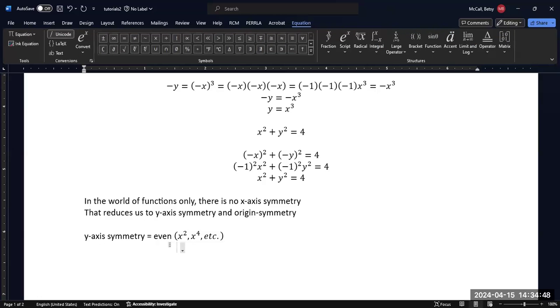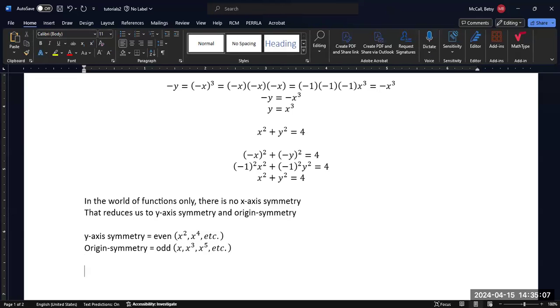And the reason for that is because a typical example of odd functions or odd symmetry is polynomials that have odd powers. Now, these are not the only ones that have y-axis or origin symmetry, but these are the quintessential examples of things that have the appropriate kind of symmetry.